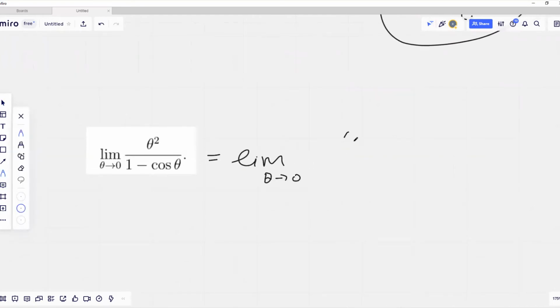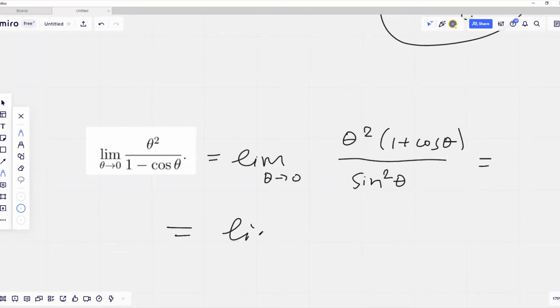So we will end up with theta squared times 1 plus cosine theta. Then in the denominator, we have 1 minus cosine squared, which we are going to replace with sine squared of theta.